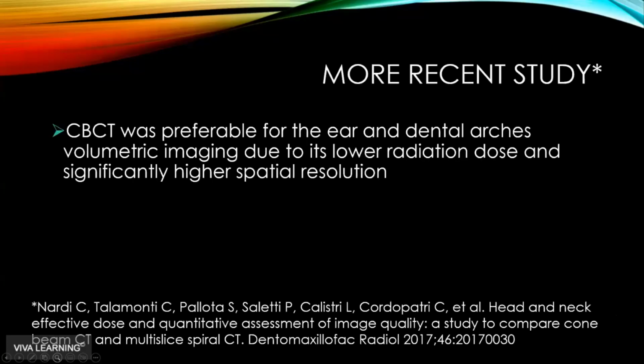There's another article right here, and this one is a 2017 article that looked at CBCTs against a multi-slice spiral CT, medical CT, and basically their conclusion was that CBCT was preferable for the ear and dental arches due to its lower radiation dose and significantly higher spatial resolution.